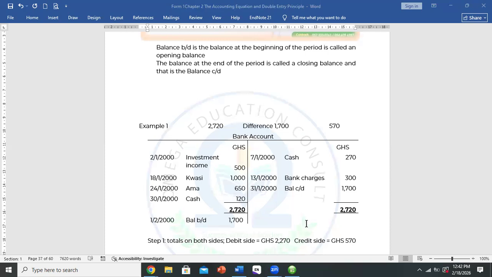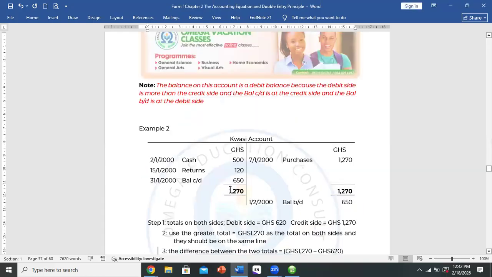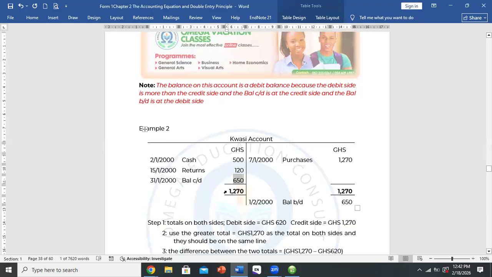So I think now we appreciate how to balance. There is one here already balanced. This is Kwesi's account. We get the total again on both sides and look at the difference. Here the difference was on this side, which is why you're seeing 650 balance carried down.